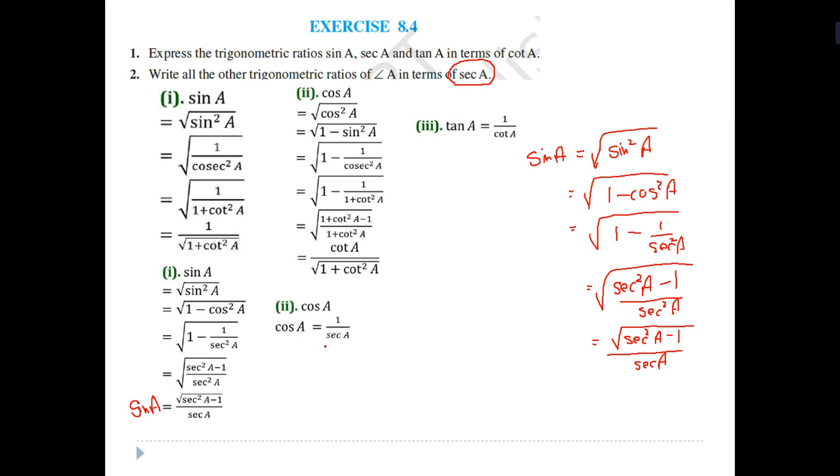Cos A is equal to 1 upon sec A. We can get the answer in sec, so it is easy. Now if I want to find tan A, then tan A is equal to sin theta upon cos theta. Sin theta we already have.